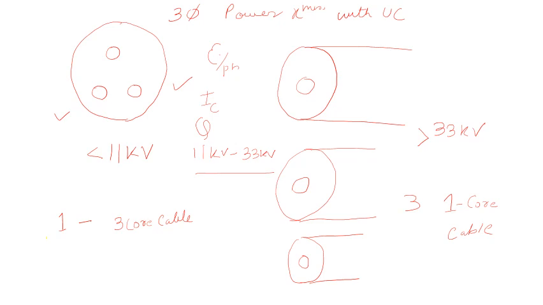As we have already seen, in an overhead transmission line we have more inductance, and in cables we have more capacitance.